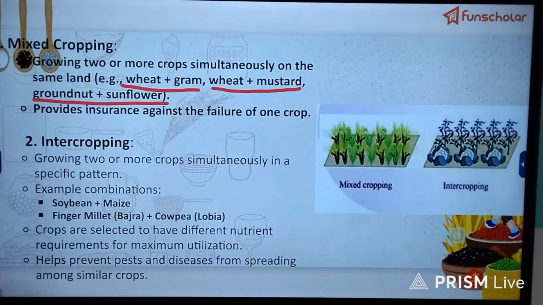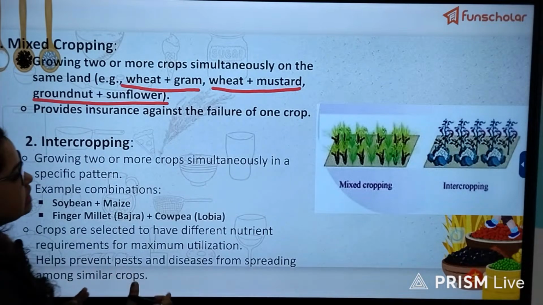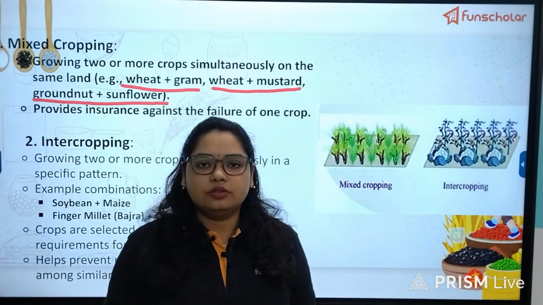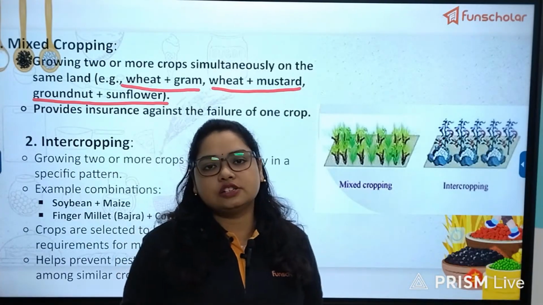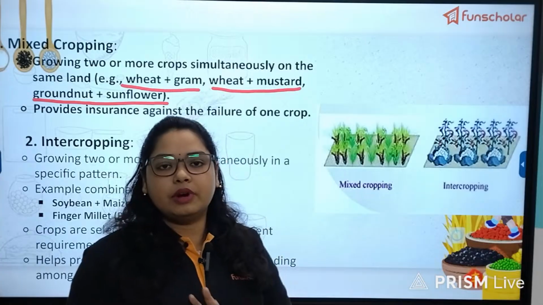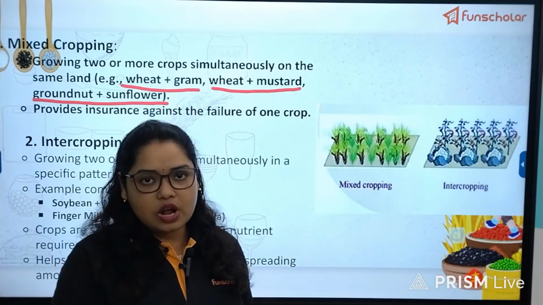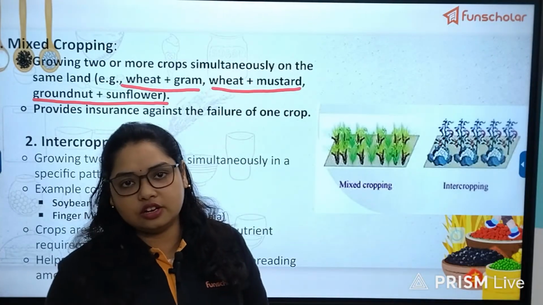Second, in mixed cropping there is actually no fixed row. That means the seeds are sown in rows, but not such that one row will be of one crop and the second row will be another crop.